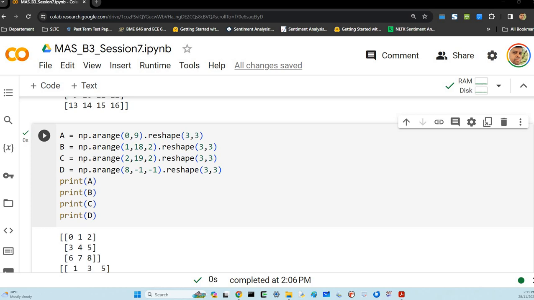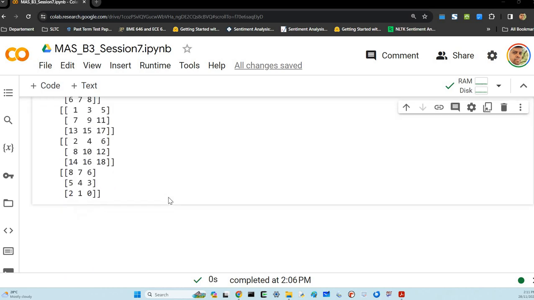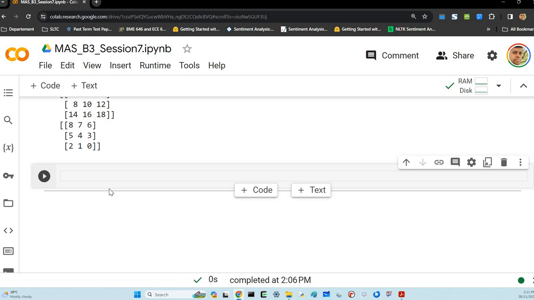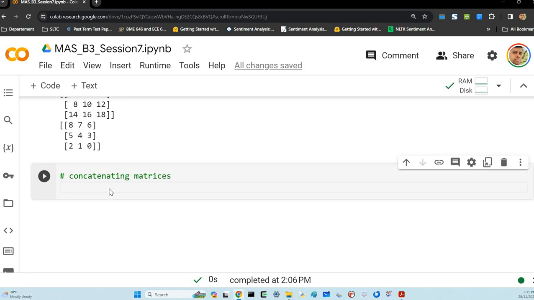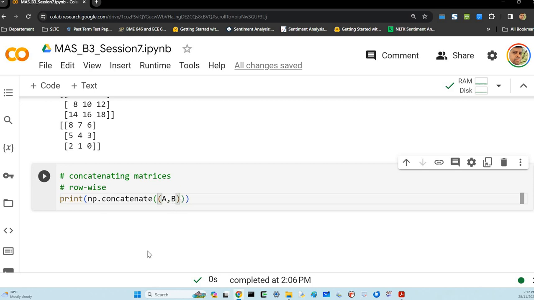So the next part, I'm going to talk about concatenation. The first one is row-wise concatenation. For example, if I take np.concatenate, and you put a comma b, remember there are two brackets here.